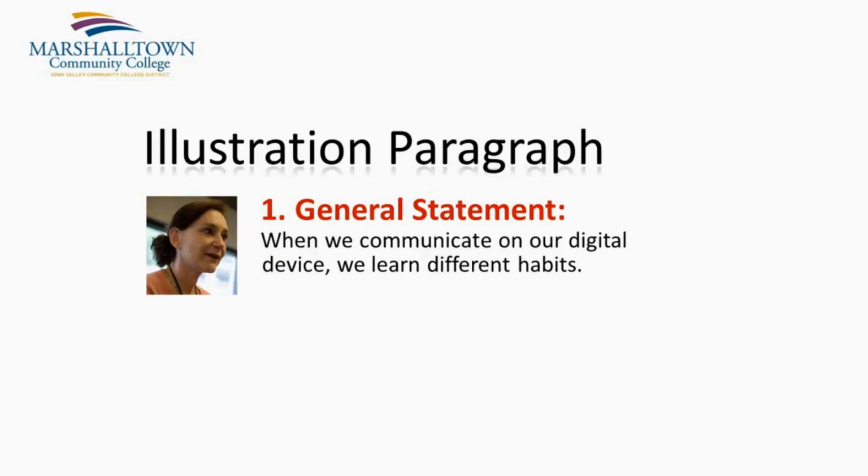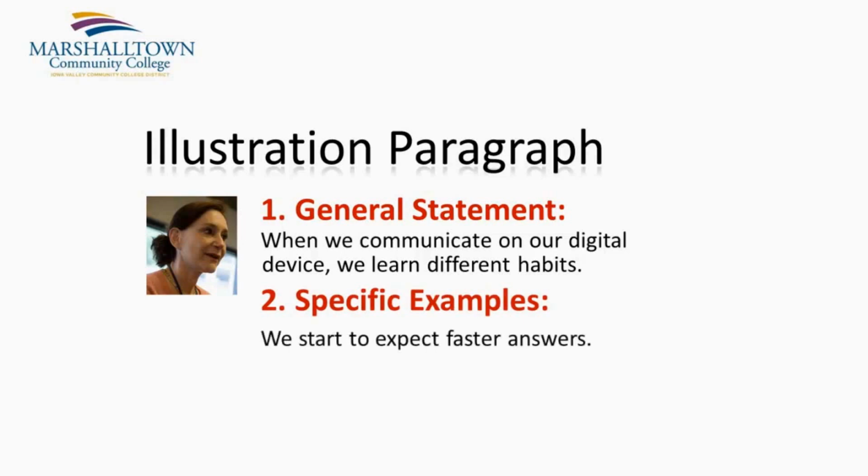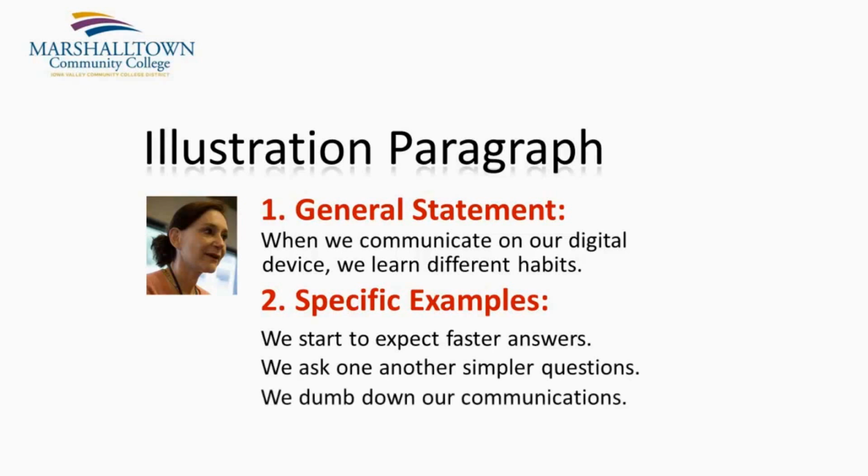Now, that's a general statement, but a paragraph that starts with a general statement needs to include some sentences that give examples of why the author believes that statement is true. And Sherry does a nice job of that by following her general statement with specific examples of what she's talking about. We start to expect faster answers. We ask one another simpler questions. We dumb down our communications.